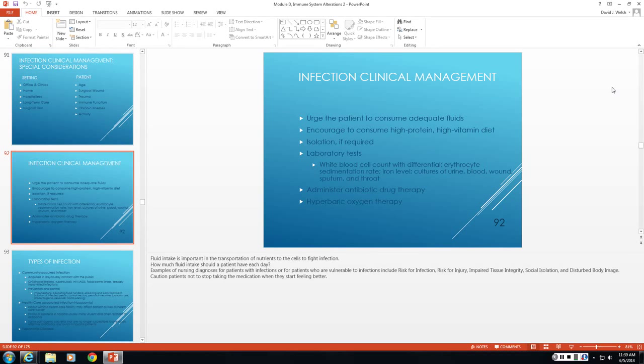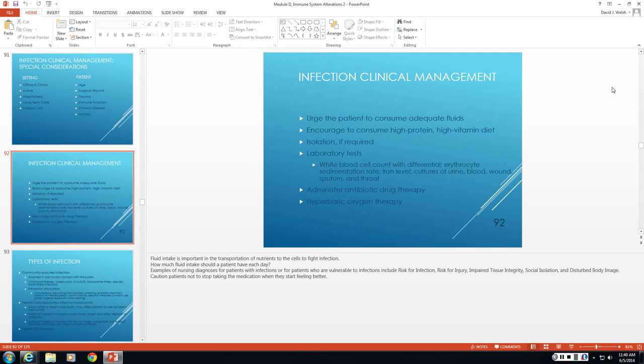You want to make sure that you urge the patient to consume adequate fluids. Fluid intake is important in the transportation of nutrients to the cells to fight infection. You're going to encourage the patient to consume a high protein, high vitamin diet. Because we all know that protein helps in what?